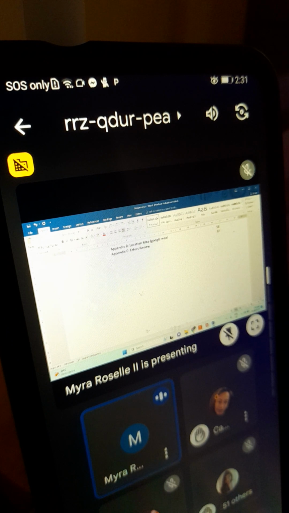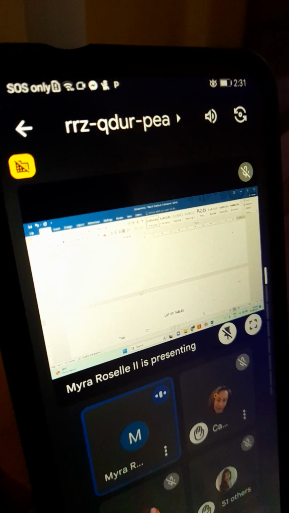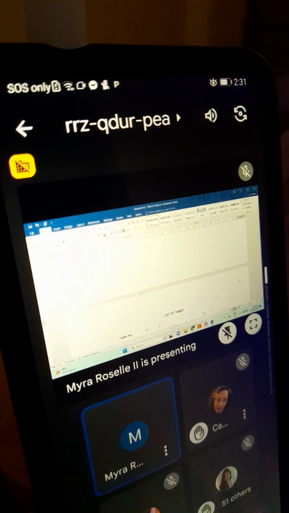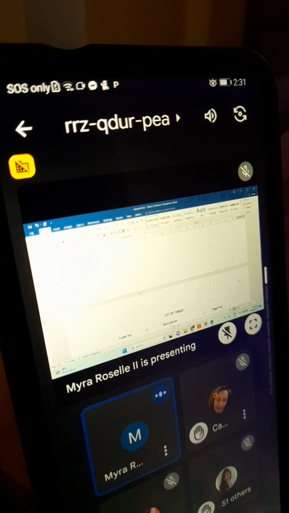Separate page, lists of tables. Nawaha. Nanata sa page 7, dira, table number, description, page number.